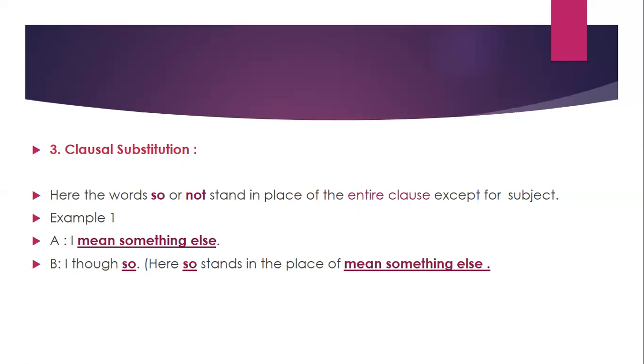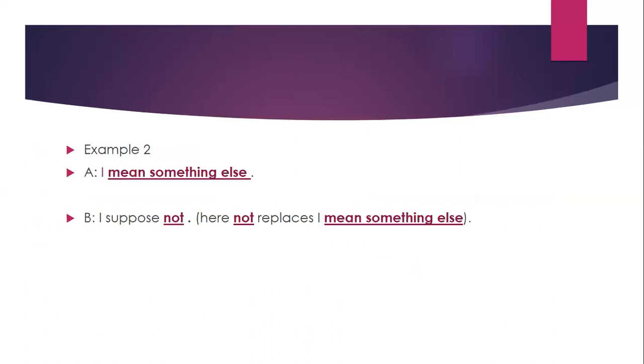Here, so stands in the place of the entire clause, mean something else. Example number 2. A: I mean something else. B: I suppose not. Here, not replaces the clause, I mean something else.